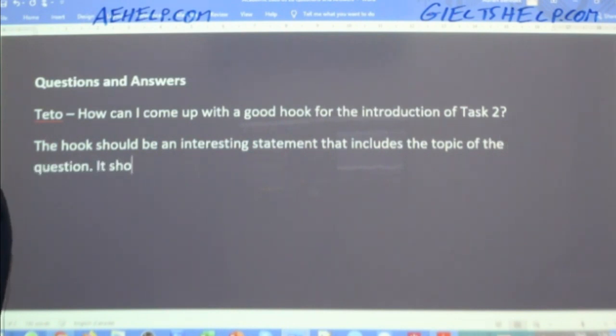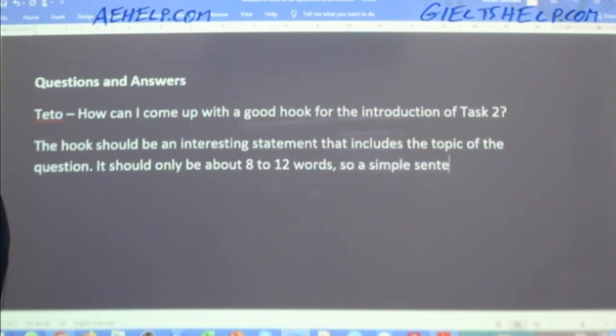It should only be about, this is a rough estimate, 8 to 12 words. So a simple sentence. Okay, you don't want to make mistakes with your hook, Tito.